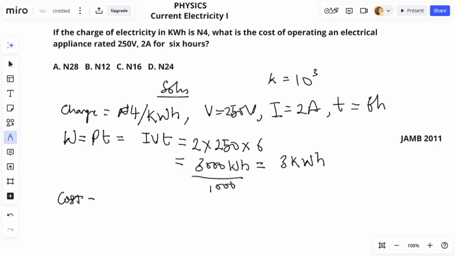If they are charging you 4 naira per kilowatt hour, and what you are consuming is 3 kilowatt hour, that will be 4 naira per kilowatt hour times 3 kilowatt hour. Kilowatt hour will cancel kilowatt hour. 4 times 3 is 12. So that will be 12 naira. So the cost of running this appliance with these ratings for 6 hours is what? 12 naira. Thank you.